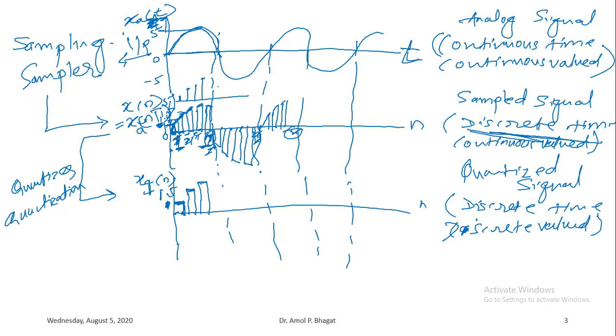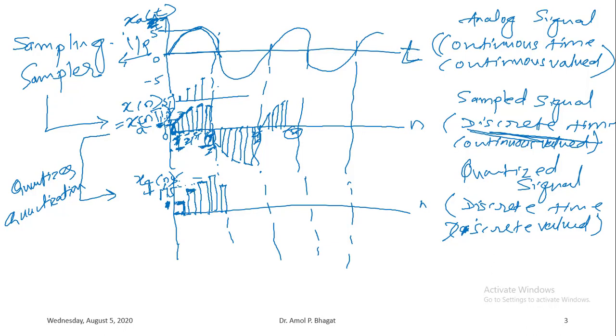Here I can consider 4 as the value, and similarly again 5, just for example. Likewise a fixed value will be assigned. So here time is discrete as well as value is discrete.